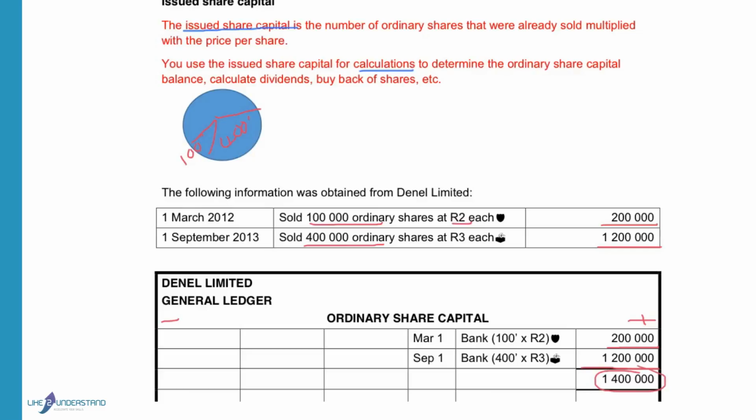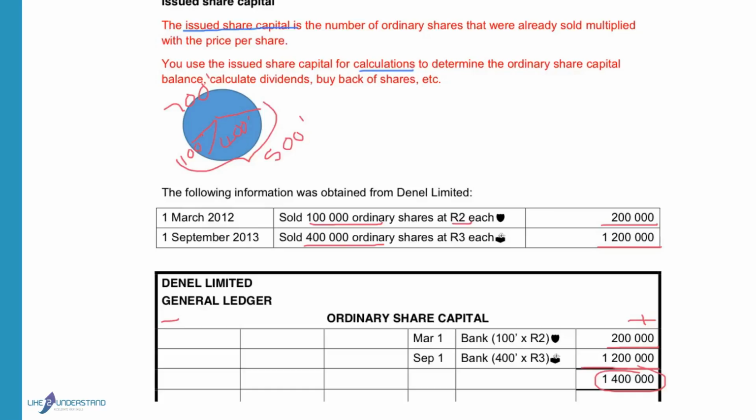If we look at the cake, how many shares did we already sell? We've already sold 500,000 shares. So how many shares can they sell in the future? 700,000. That's left over. Okay, so it's very important to distinguish between the issued share capital and the authorized share capital.